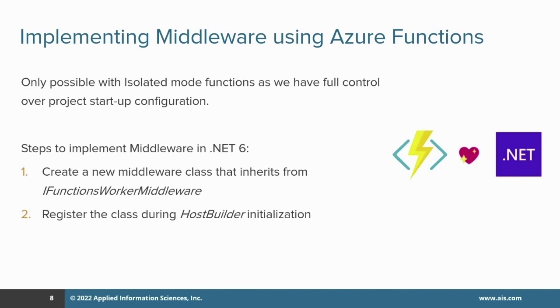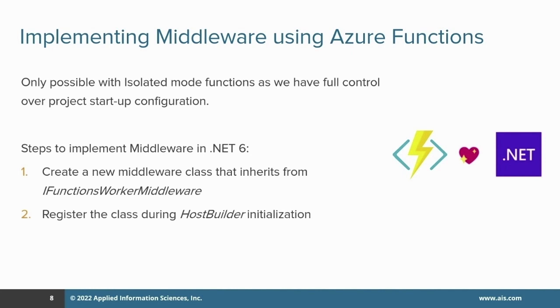Now, let's talk about how to implement middleware using Azure Functions. As we discussed, it's only possible with isolated mode functions as we have full control over the project startup configuration in this mode. In order to implement a middleware for your Azure application in .NET 6, we need to create a new middleware class that inherits from the IFunctionsWorkerMiddleware interface and implements this interface.